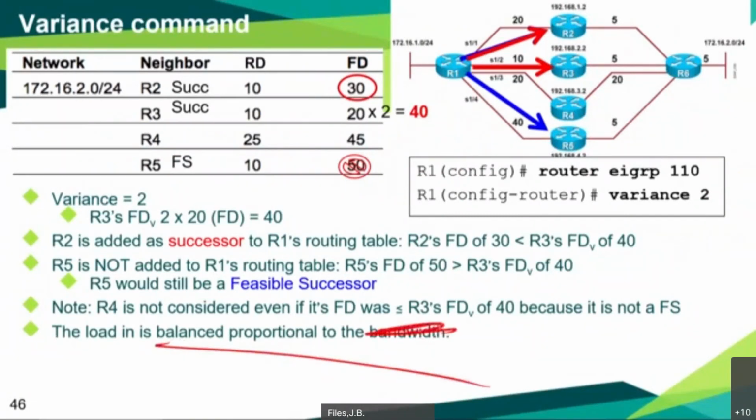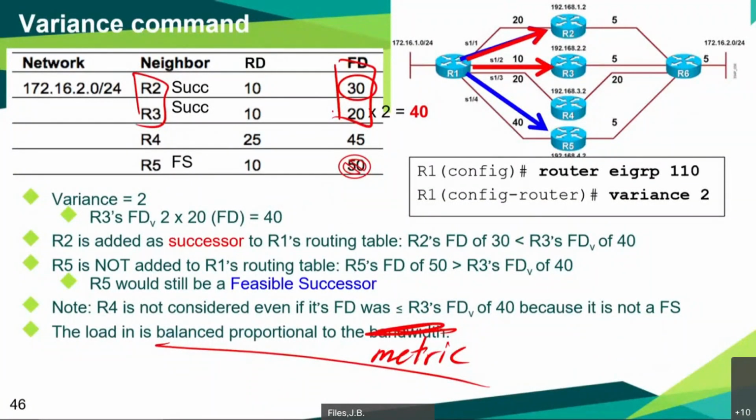And really, that should say metric. Proportional to the metric. Okay. So if we're doing R2 and R3, that means, well, see the problem there, it's inverse.